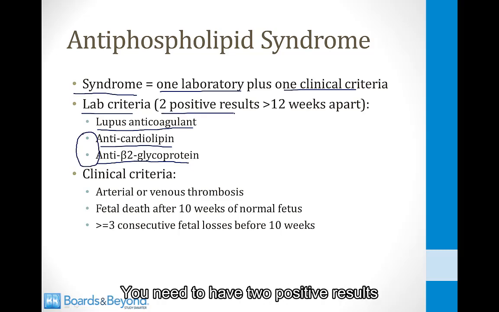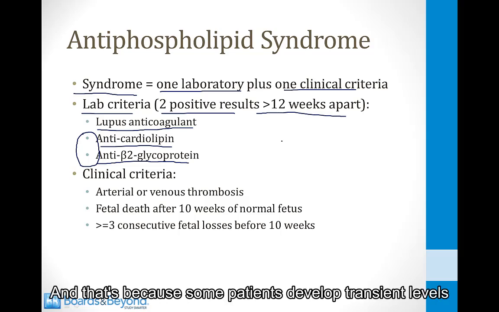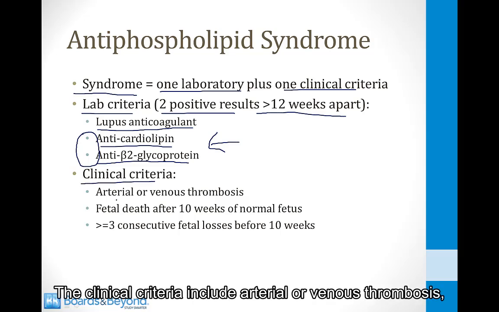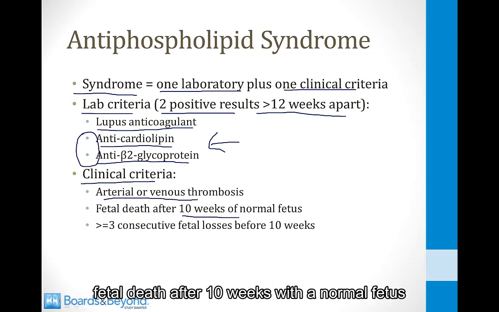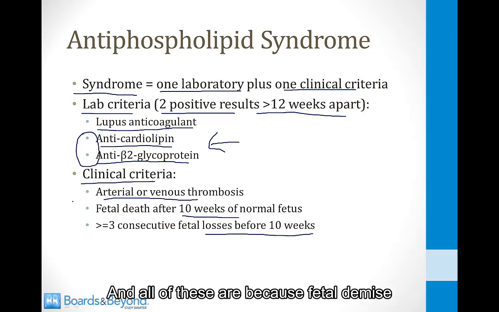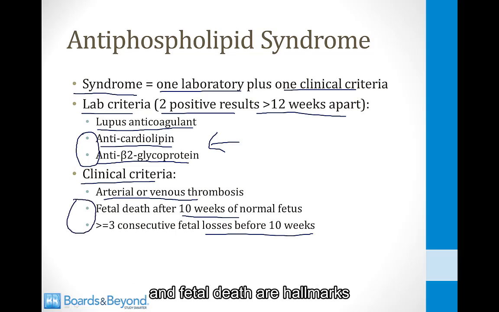You need to have two positive results more than 12 weeks apart, and that's because some patients develop transient levels of these antibodies that then quickly resolve. The clinical criteria include arterial or venous thromboses, fetal death after 10 weeks with a normal fetus, or more than 3 consecutive fetal losses before 10 weeks. And all of these are because fetal demise and fetal death are hallmarks of the antiphospholipid syndrome.